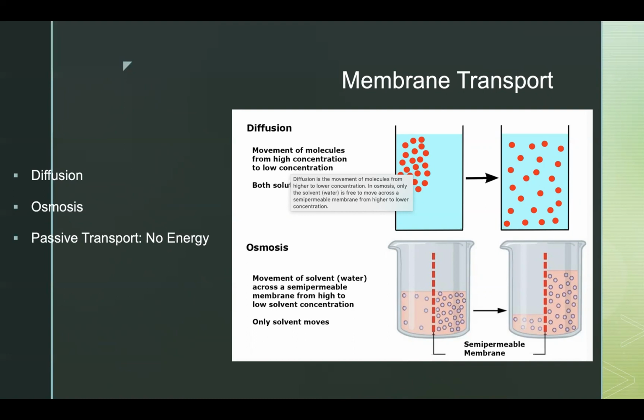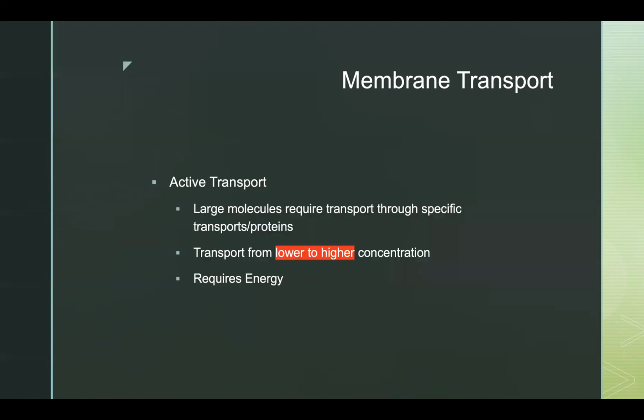Again, we're envisioning the arrangement of this phospholipid, these two layers of lipids where substances may or may not be able to penetrate it easily. On the other hand, while there are these small polar molecules and gases that can pass easily, others require a different mode of transport.